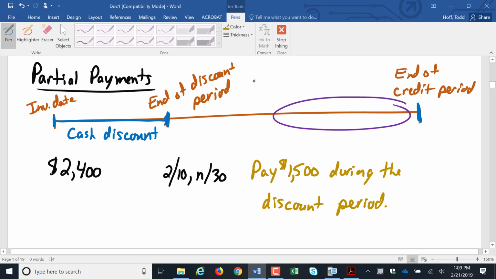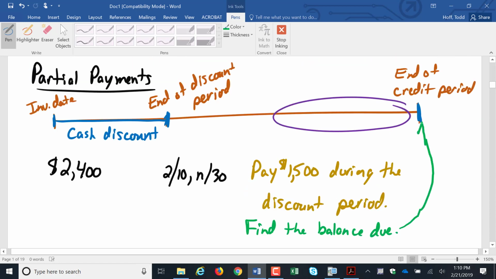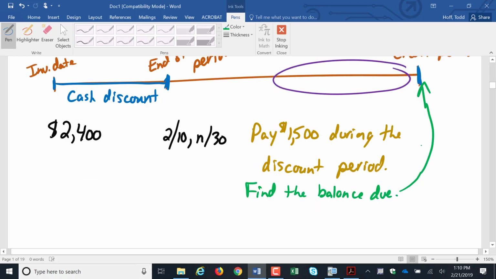So we want to know, what is the balance due? That balance due, of course, is the balance that still has to be paid before the end of that credit period.